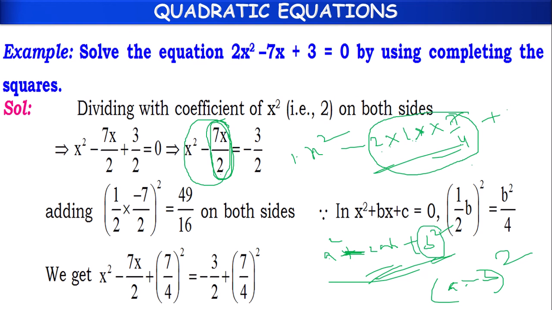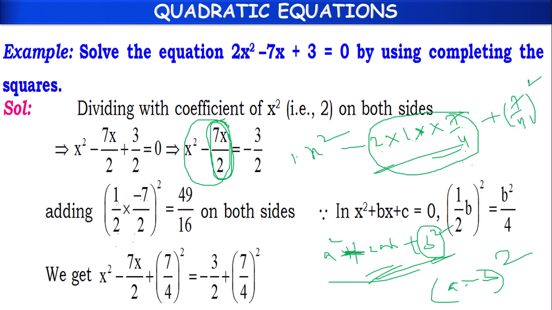According to this, what is b? b is 7 by 4. So 7 by 4 whole square is to be added to this. Or 1 by 2 into 7 by 2 we can take.